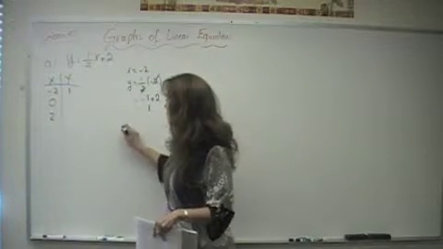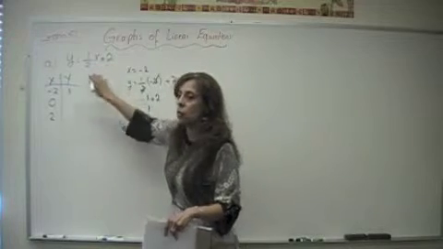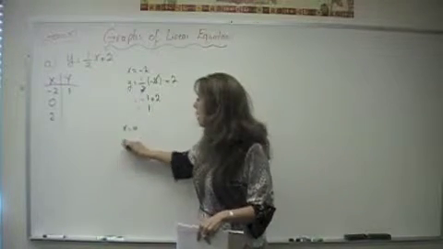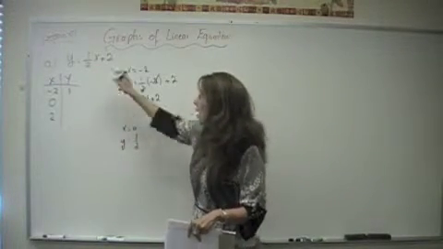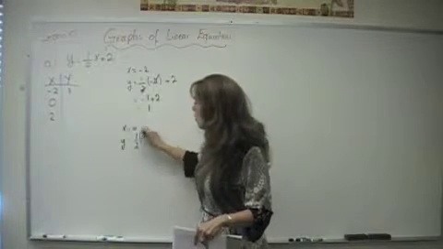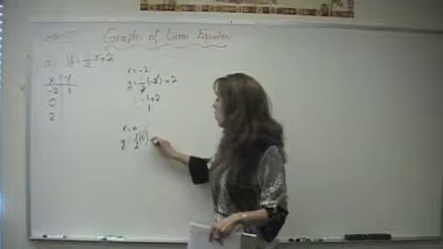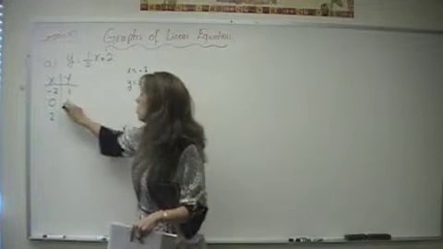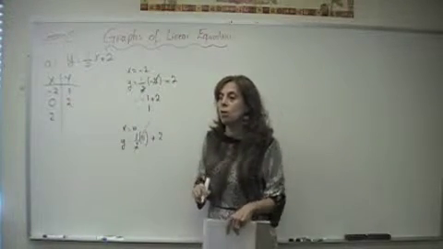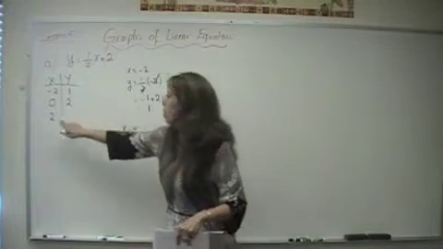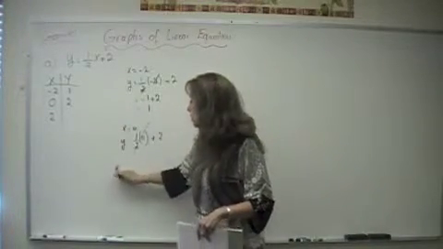Let's substitute now x equal to 0 in the same equation. Y equals 1/2, my x value is 0, so this whole term is gone. Any number times 0 is 0, plus 2. So here's my 2. Repeat the same work a third time.